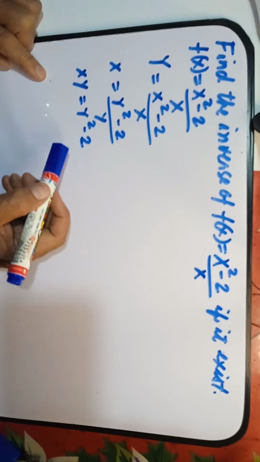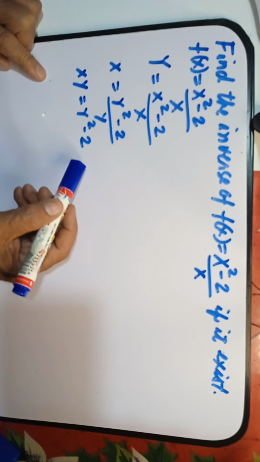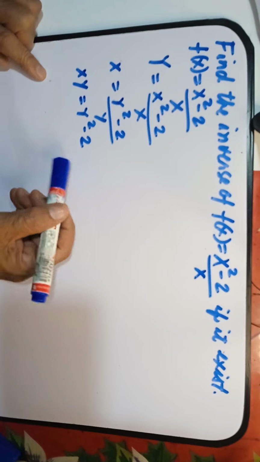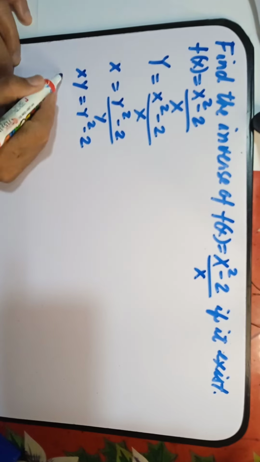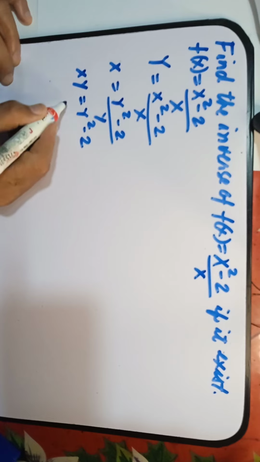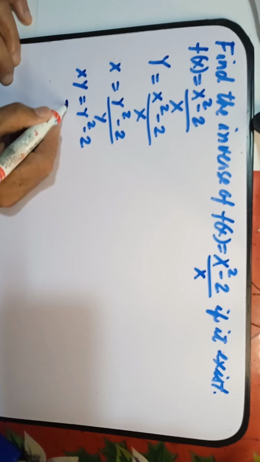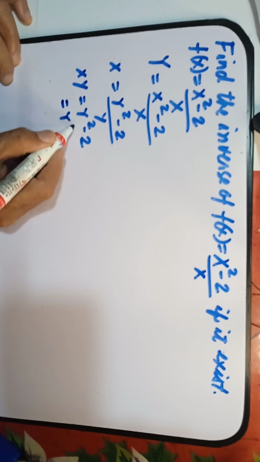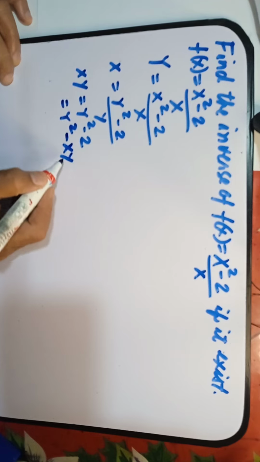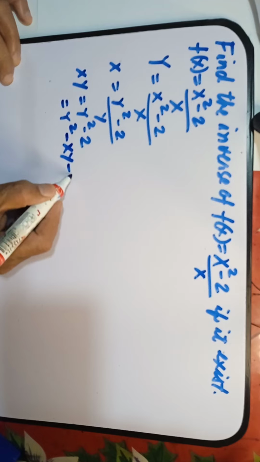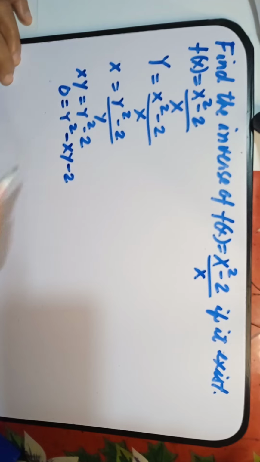So we're going to set this to 0. We have y square minus xy minus 2 equals 0.